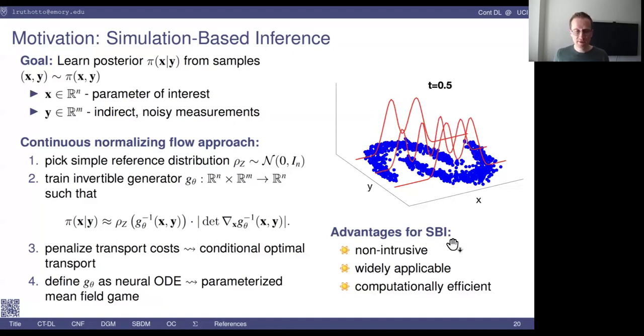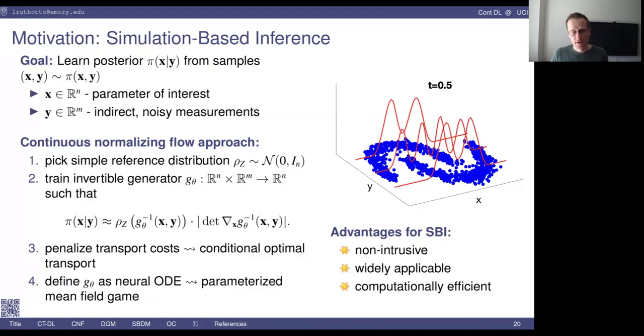We were motivated here by an application in simulation-based inference. So these are techniques that basically try to solve Bayesian inverse problems outside of the traditional Bayesian setting. So think about you have a problem where you have an intractable likelihood, or you have an unknown likelihood.